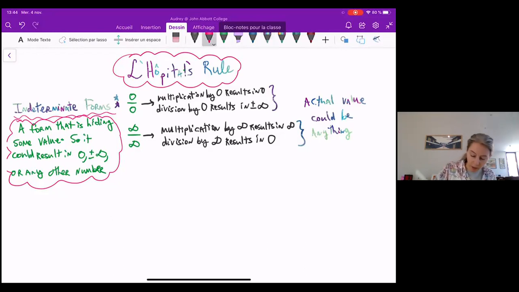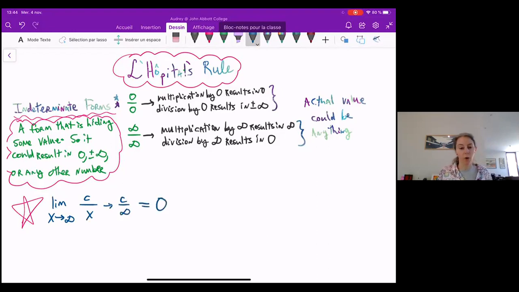So that said, the first thing is we're going to remind ourselves of two of the things I just talked about up there. The first is that the limit as x approaches infinity of some constant over x results in a constant over infinity, which is just equal to 0. This is something that you need to know.